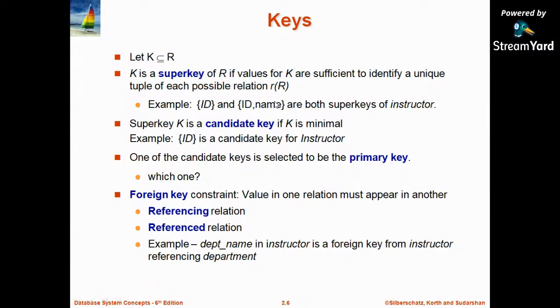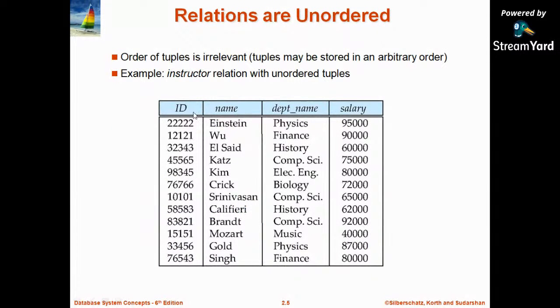It is a combination with name, which is not at all required. So ID, name; ID, department; ID, name, department; ID, salary, all of them are super keys, but the minimum set of attributes which is identifying the row is ID, which is a candidate key. So ID is a candidate key, but ID, name and ID, name, department are super keys.